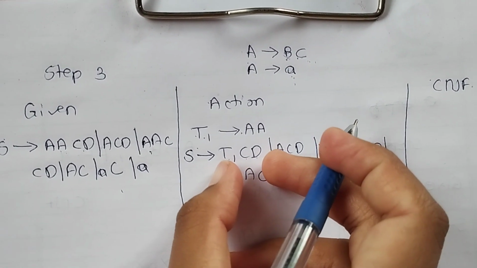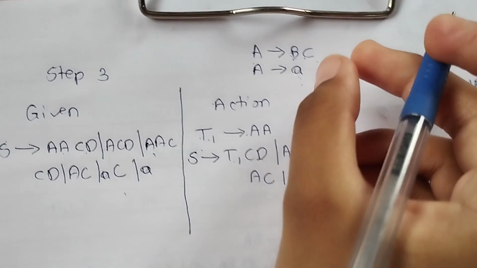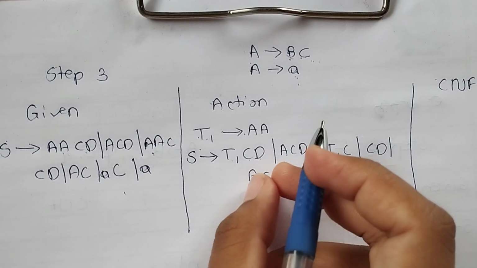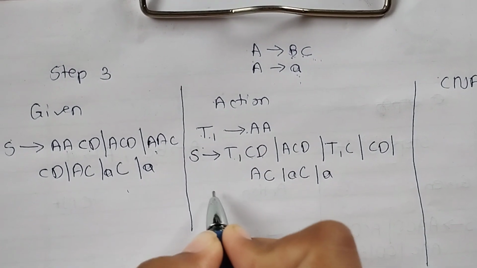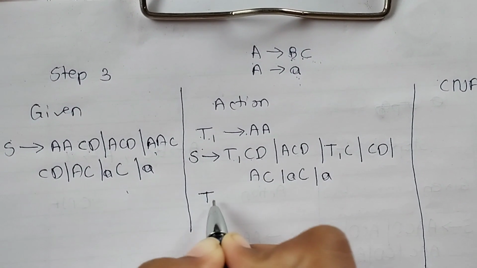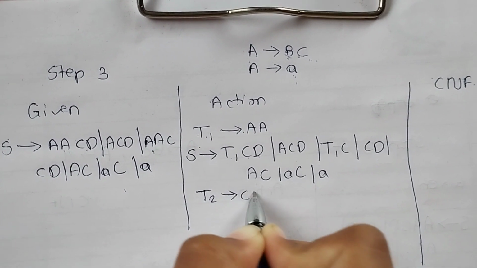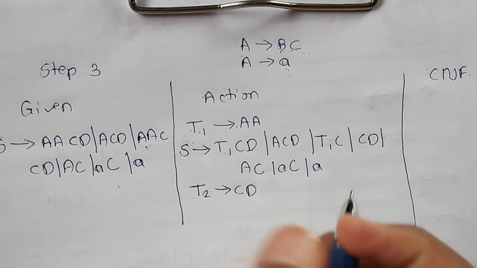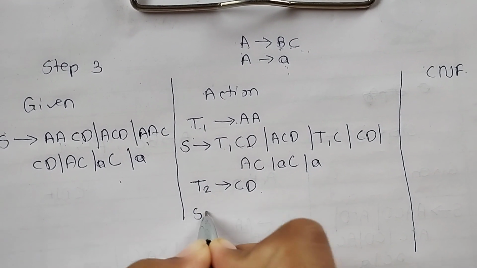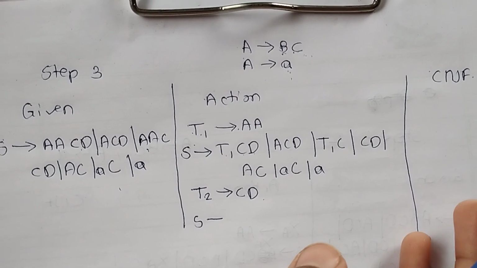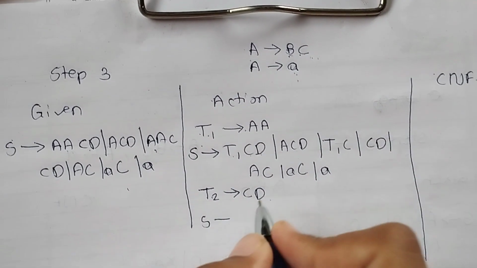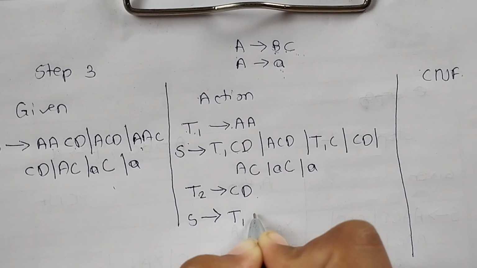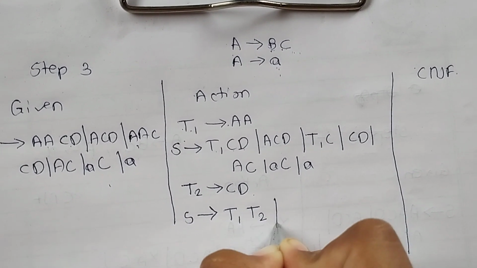Now here three capital letters are present, but we want only two capital letters. Now we again consider this CD as another capital letter. Let's suppose I write T2 for this CD. Then S is T1, T2.